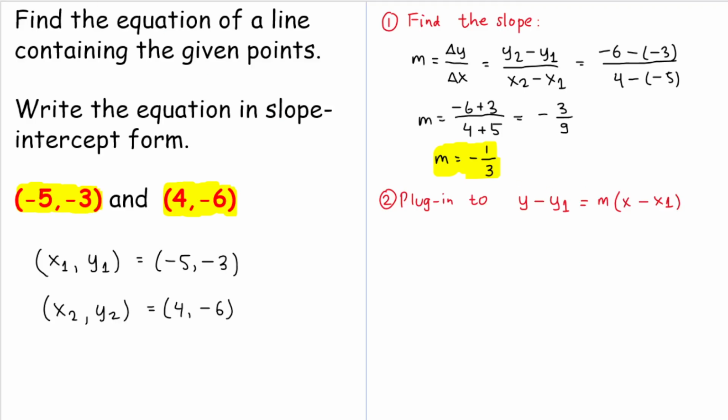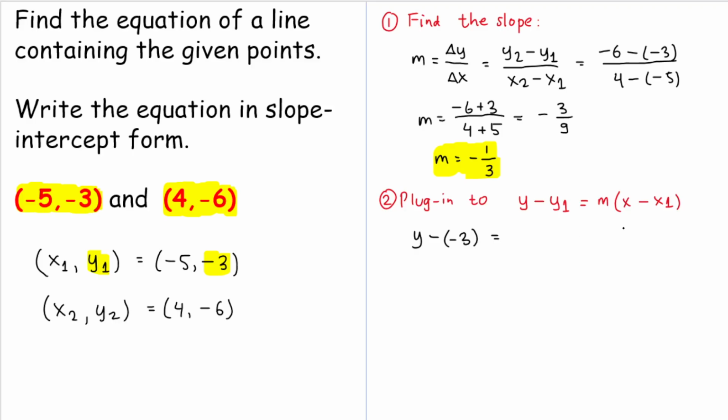Good. And this y here is just y. Without subscript, it is a variable. With subscript, it is a number. So we have y minus y1. What is y1? y1 is this one here, minus 3. So y minus 3 here.